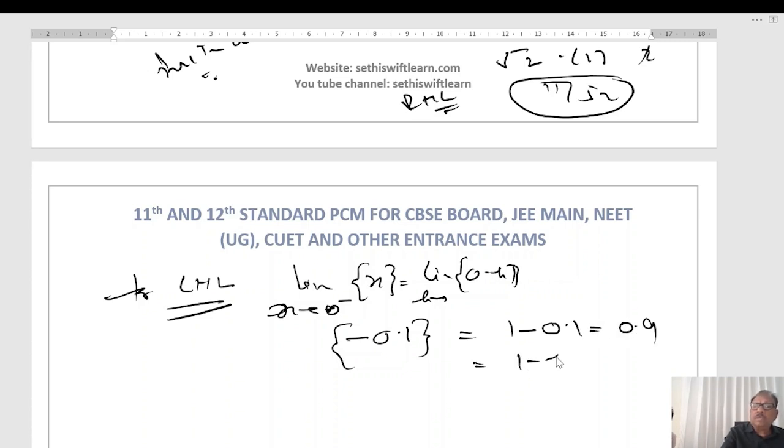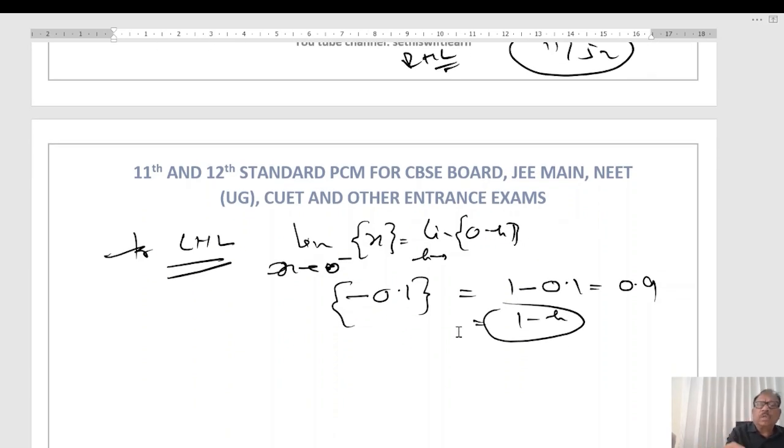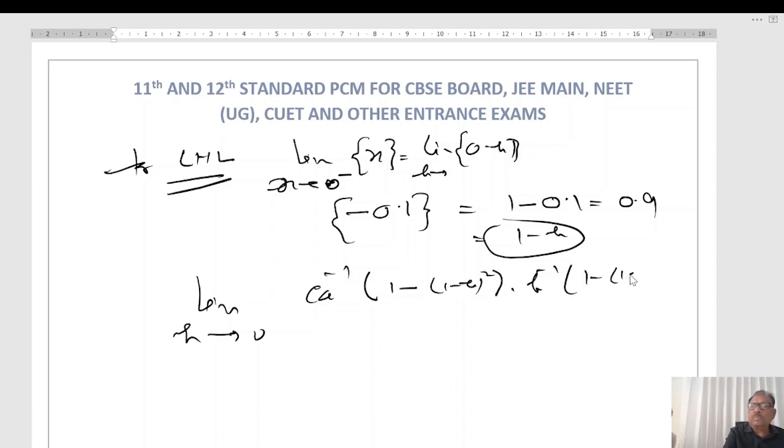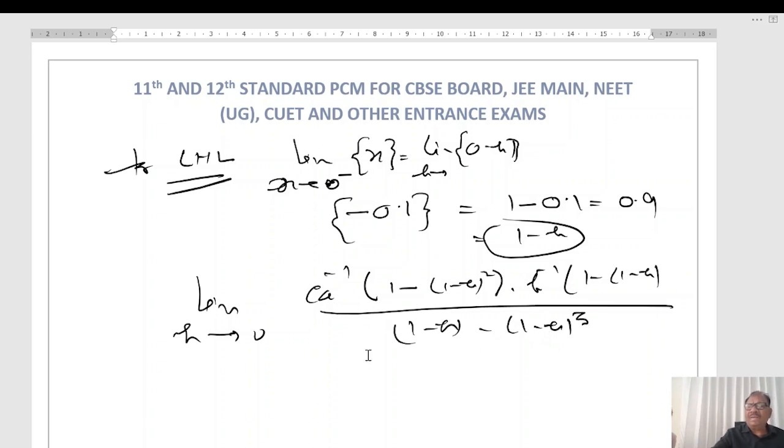That is 1 minus h. Now in this case, limit h tends to 0 for the left hand limit, cos inverse of (1 minus (1 minus h)) whole square into sine inverse of (1 minus h), divided by (1 minus h) minus (1 minus h) whole cube.